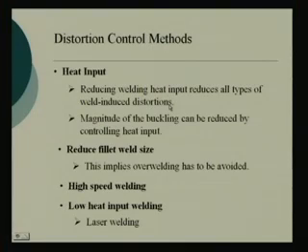Now, the problem is, also let us see that the magnitude of the buckling can be reduced by controlling heat input. If we can reduce it, it is fine, but truly speaking, reduction means what? The primary purpose is to achieve necessary fusion, melting of the electrode as well as fusion of the parent metal.